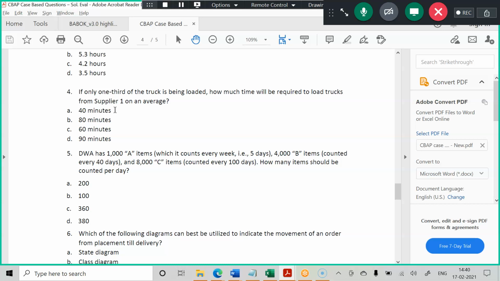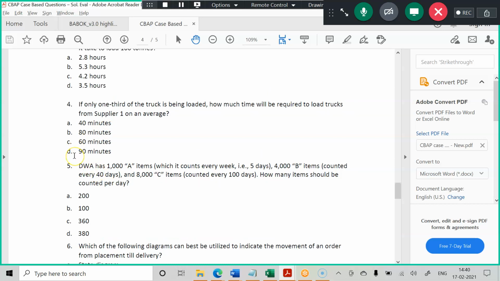These kind of warehouse related problems, there was a case like this for me which had about 4 to 5 questions. Sorry, not 4 to 5, 3 to 4 questions. That's what on an average you can find, about 3 to 4 questions for each case.